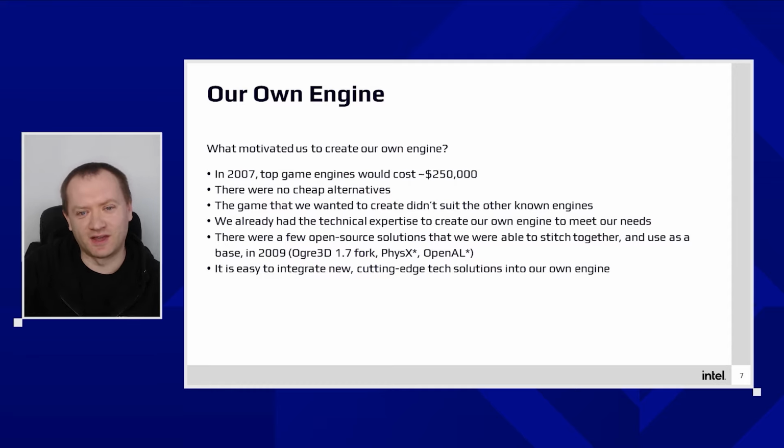Why didn't we use Unreal or Unity or any other engine that's available out there? If you look back at the year 2007, 2008 when we started our company, commercial engines would actually cost around $250,000.